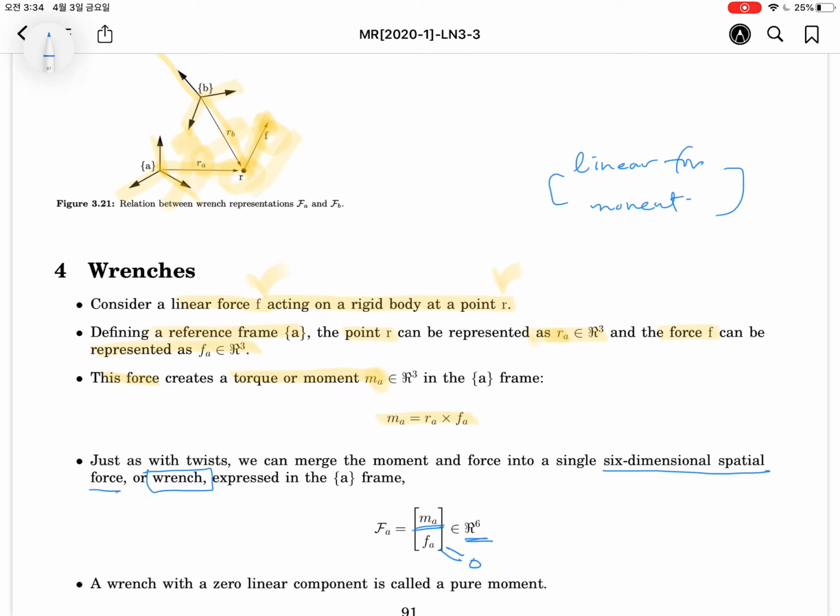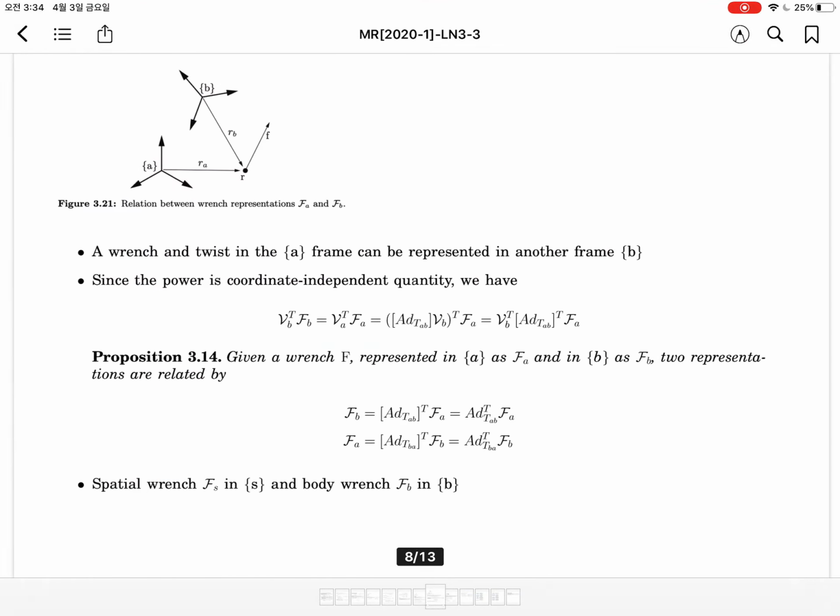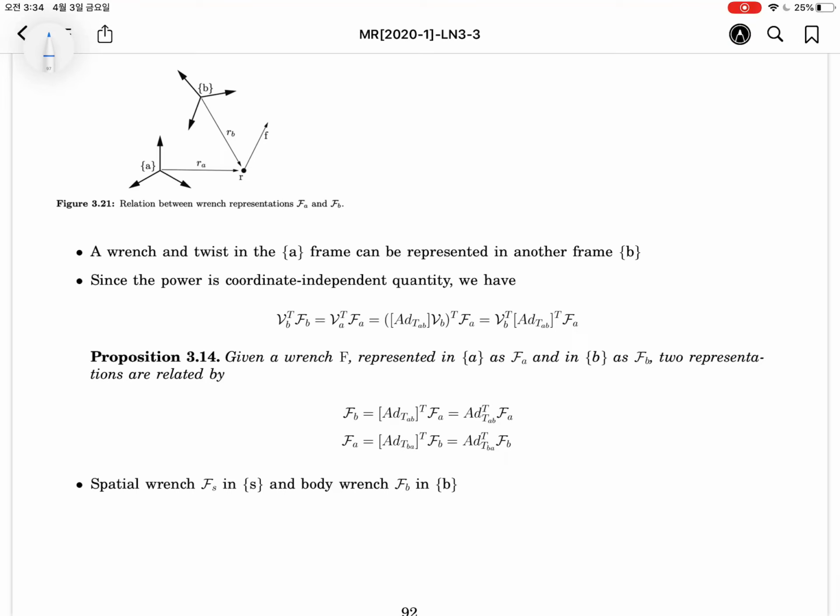If you have 0 force, at that time the pure moment appears. Wrench is the dual concept of the twist. So wrench and twist can be described in the A frame or B frame for the same wrench and the same twist.